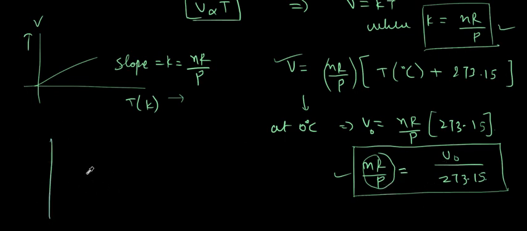Let's look at another graph where we have to compare V naught, again the same graph. For Kelvin it would be starting from 0, because at 0 Kelvin we have volume as 0.